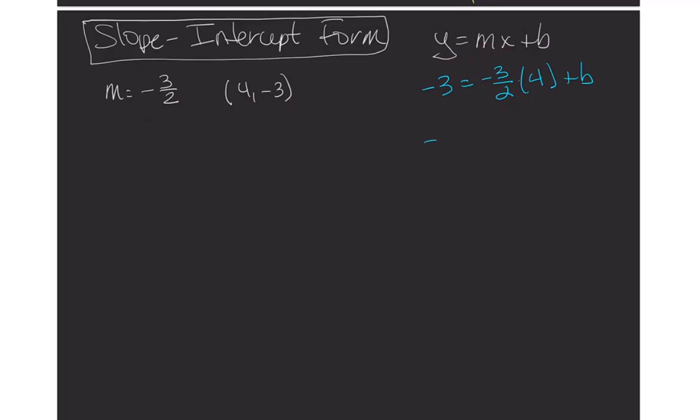So we have -3 equals -3/2 times 4. That's going to get us what? -6. Okay. Plus b. Add the 6 over. So we get 3 equals b.